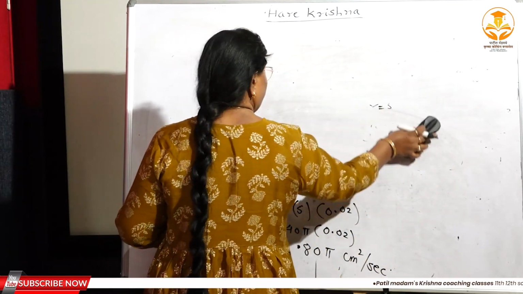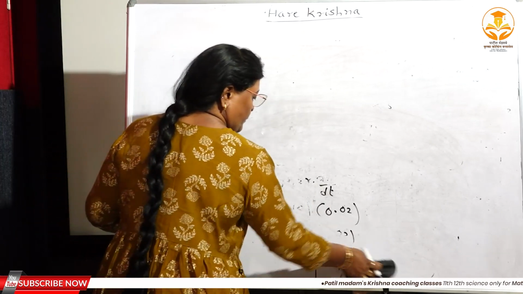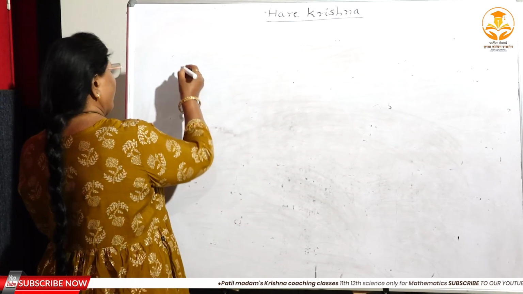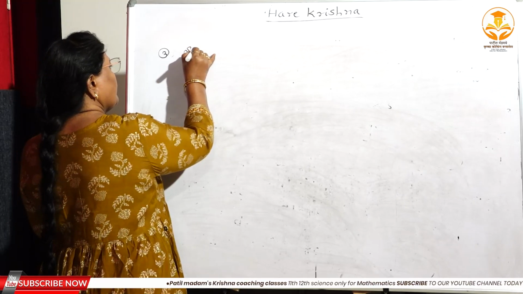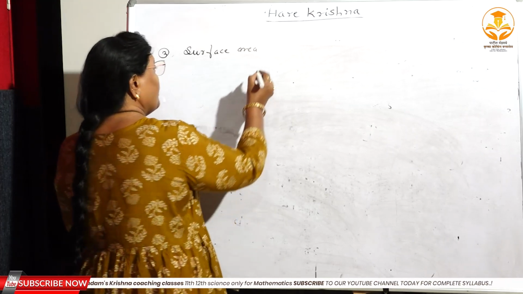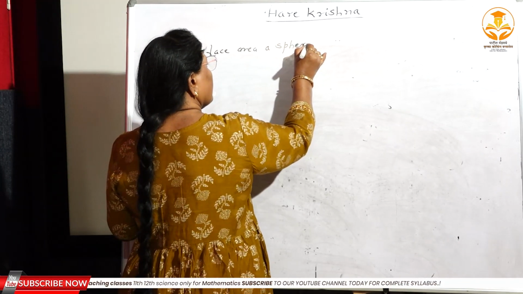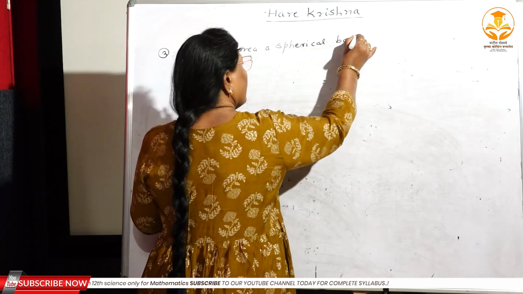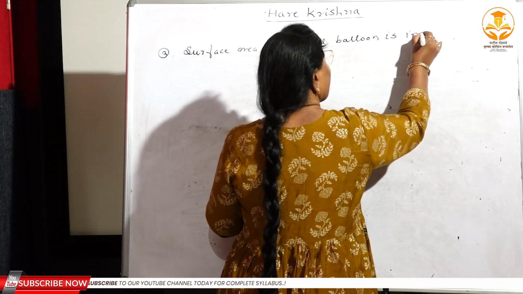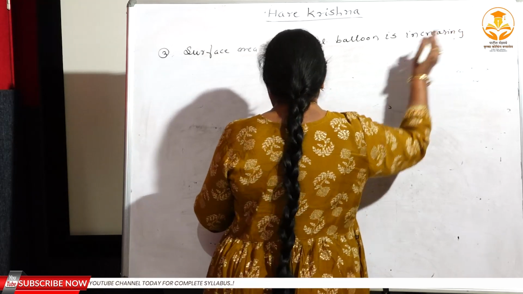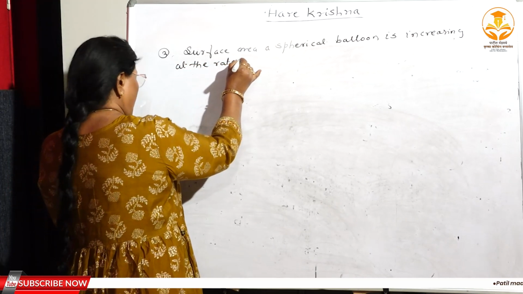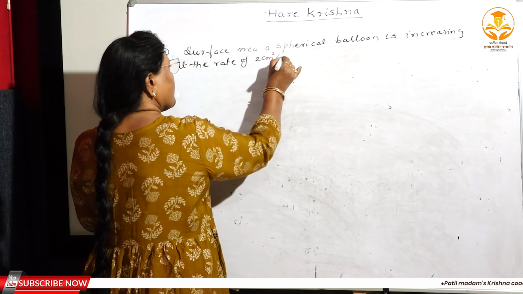Rate measure. See, the third one. Surface area of a spherical balloon is increasing at the rate of 2 centimeter square per second.